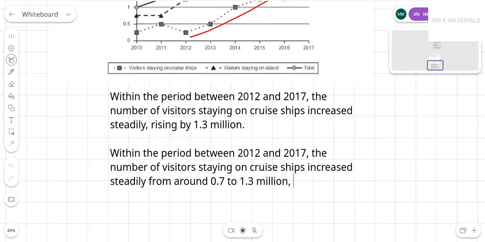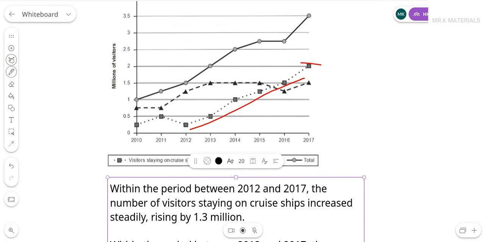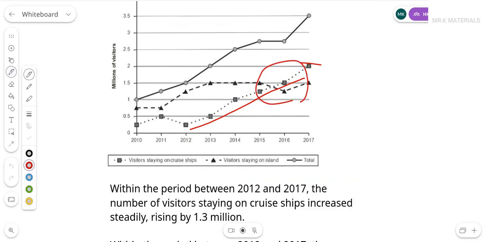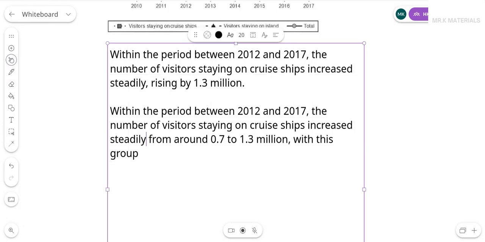And then I add additional detail with this group, because this is a group, right? It's a group of people. With this group, let's say I want to compare and say that they outnumbered them here. All right, with this group outnumbering those who stayed on the island by 2016.